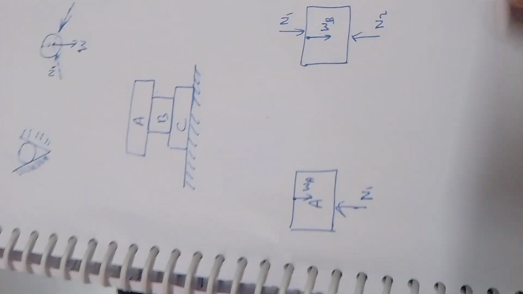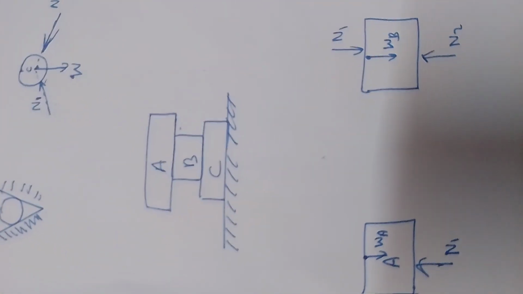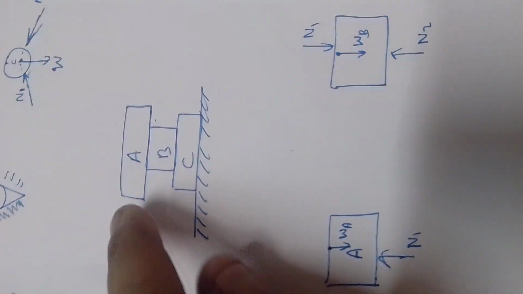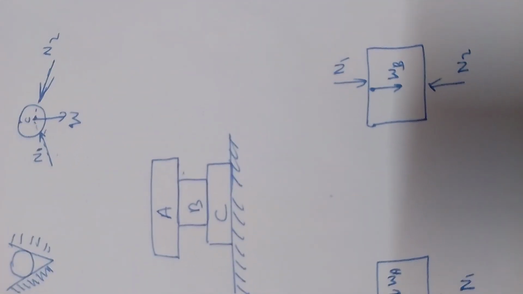And now let's see another example. Three blocks A, B and C are placed one over the other as shown in the figure. Draw the free body diagram of all three blocks.